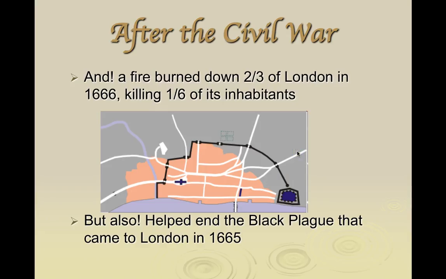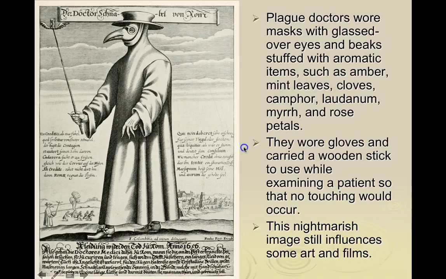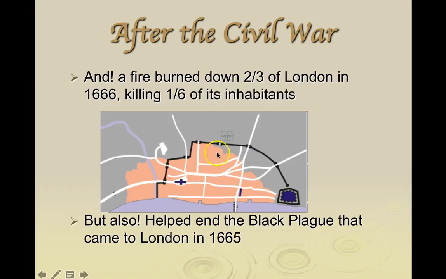Okay, but it only lasted for about 5 years, because in 1666, a giant fire known as the Great Fire of London burned down the majority of the city, two-thirds of it, and it killed one-sixth of the inhabitants. If you look at this map here, the black line is supposed to represent the Wall of London that surrounded the medieval city.